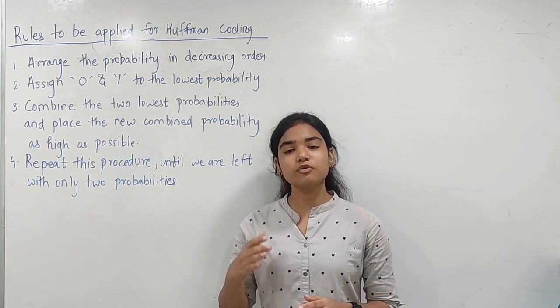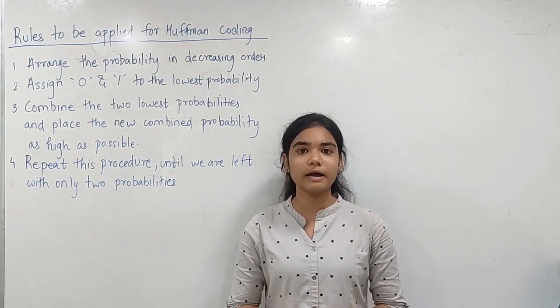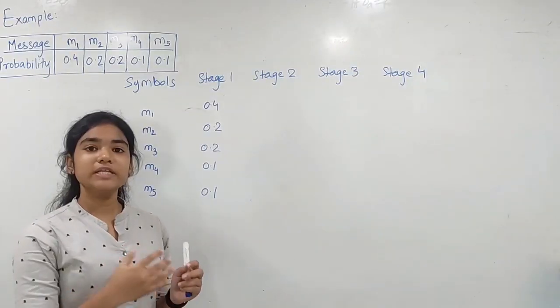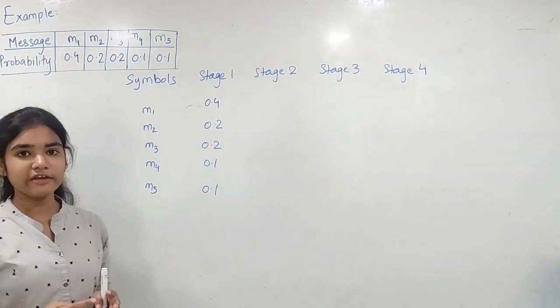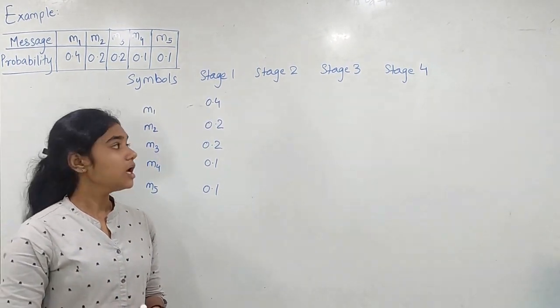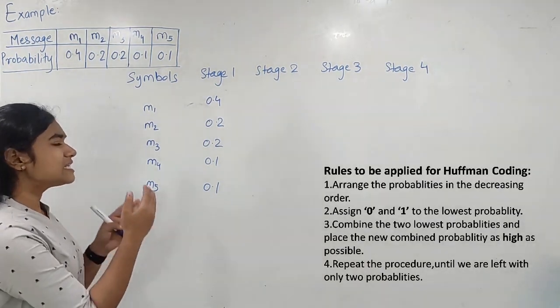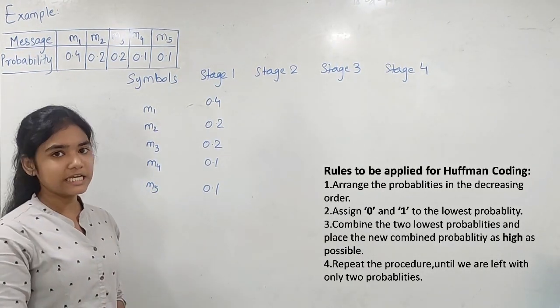After this, we keep repeating the same procedure until we are left with only 2 probabilities at the end. In this example, we are provided with 5 source symbols of a discrete memoryless source along with the probabilities. While solving the sum, as the first rule states, we simply have to arrange the probabilities in decreasing order.